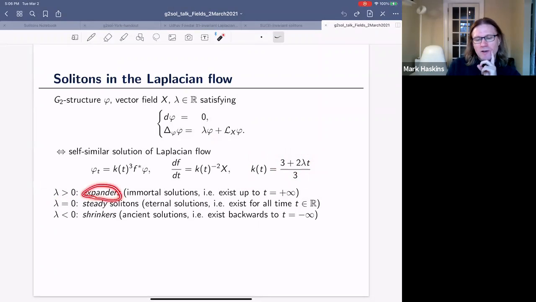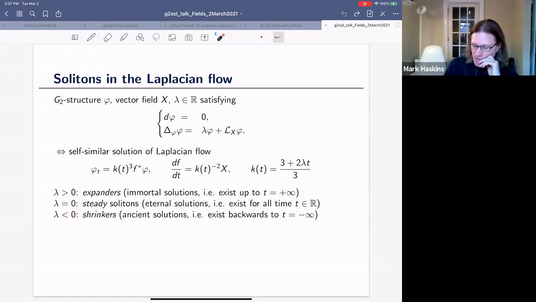So these correspond to expanders. In particular, they will give rise to immortal solutions, so solutions that exist from some time up to infinite time, or steady solitons, so things that exist for all time, or negative shrinkers for ancient solutions that start at minus infinity but stop at some time.